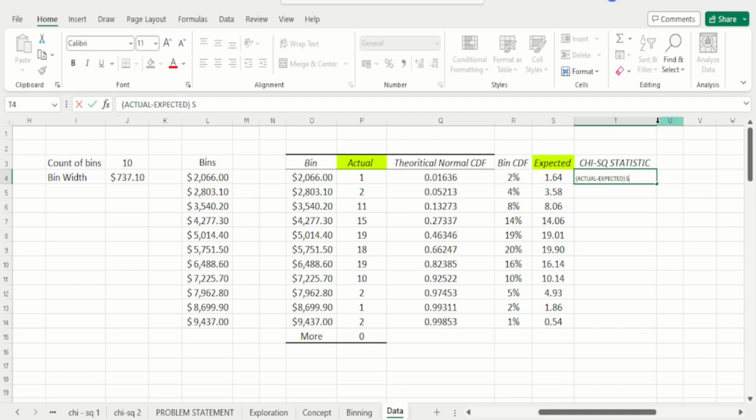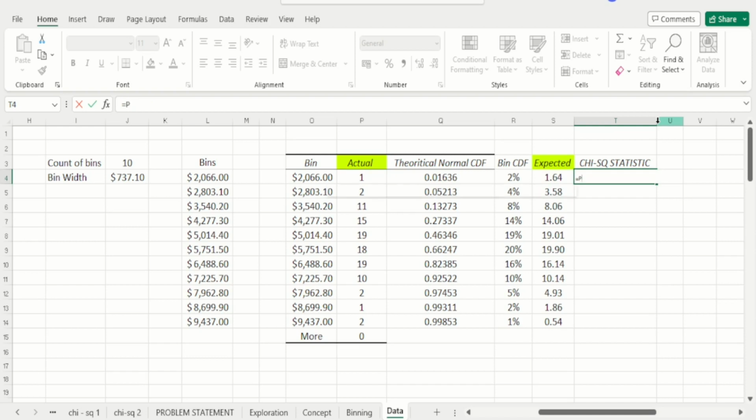We have to square this and then divide it by the expected value, right? So this is going to be our chi-square statistic. In this case, what is the value going to be? This is our actual, right? And what's our expected? Our expected is what we have here, 1.64, correct? Then we have to square it and divide it by the expected. How would we do that?